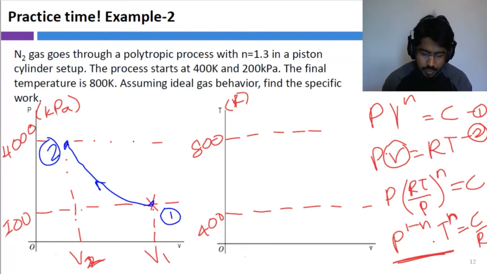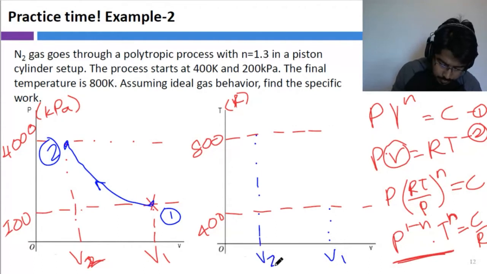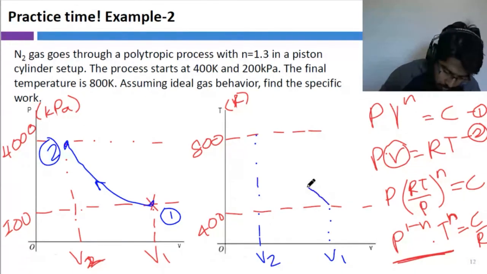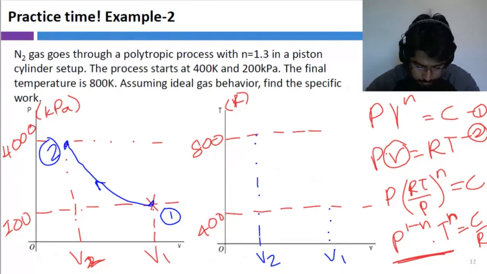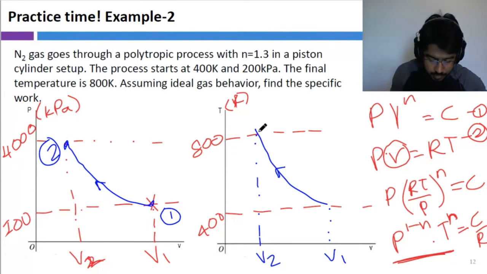Right? So similarly, our process in the TV diagram is going to be V1 here, V2 here, and again the process is going to be a curve from 1 to 2.